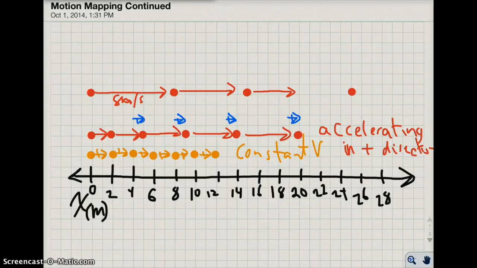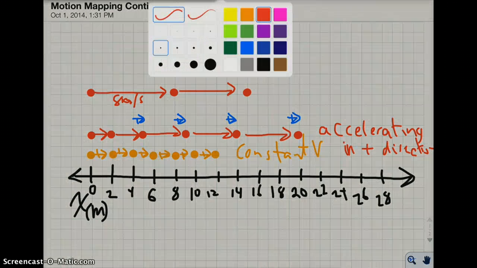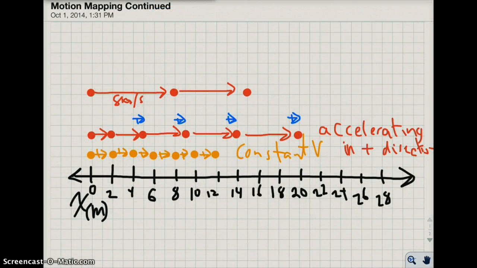So let's just fix this while I can. So I'm at the 15 meter mark, and I now need to go 6 meters, so I need to go to the 21 meter mark, and then I need to go 5, so that'll take me to the 26 meter mark. Very nice. Now I've got my act together here.